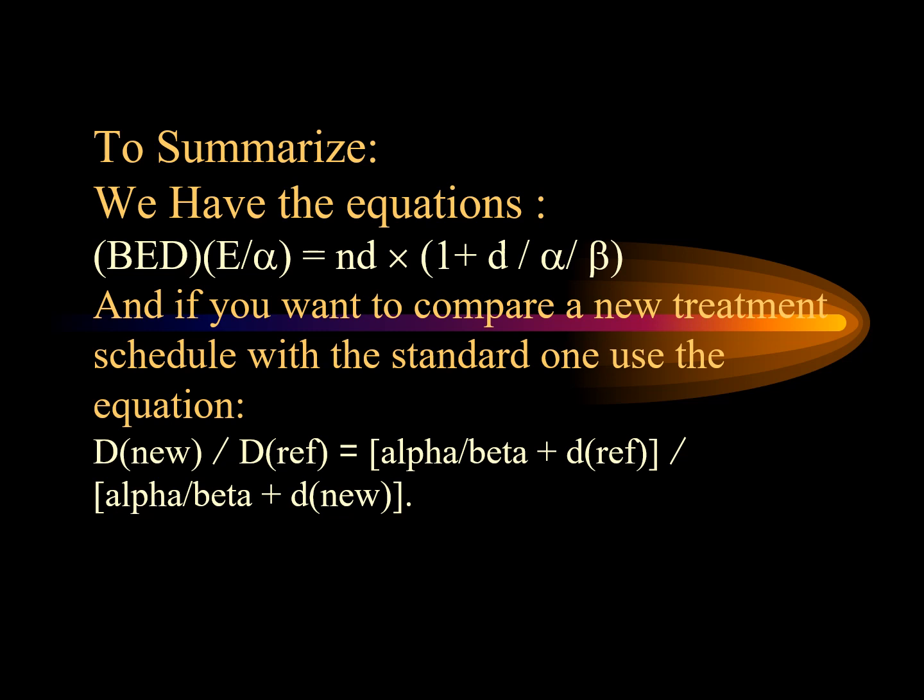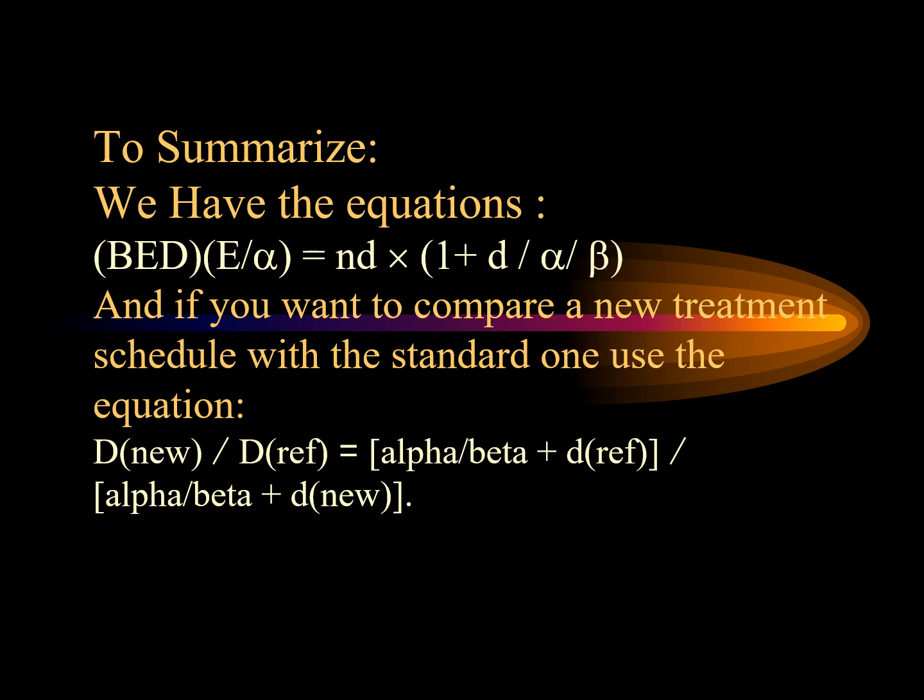Small d nu is the dose per fraction using the abnormal fractionation. In our accident, we used 5 gray per fraction. Small d ref again is the 2 gray per fraction. So can you please do it with me?